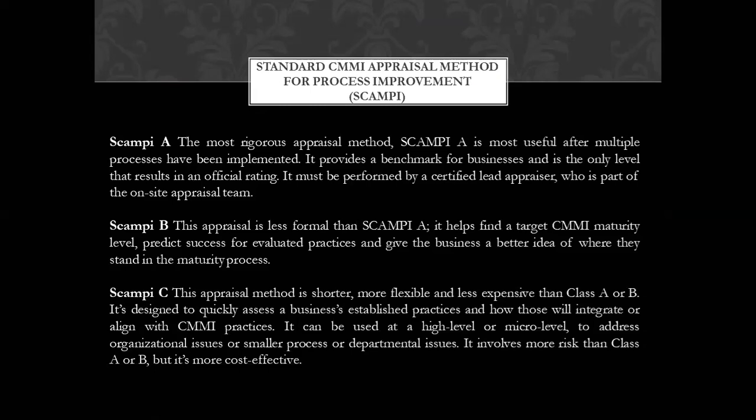There are three SCAMPIs you have to remember in this one, and it relates to CMMI for the improvement in the process of the organization. These three standards have been discussed, and this can for sure come up as a separate question in your exam.